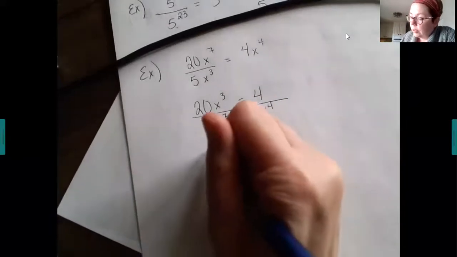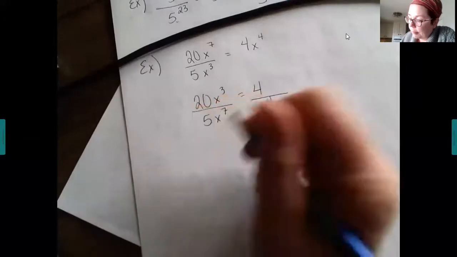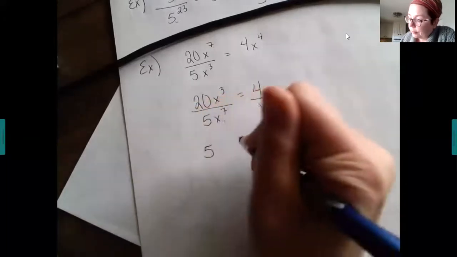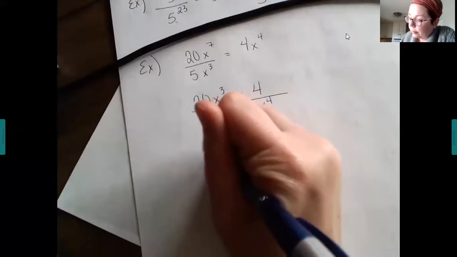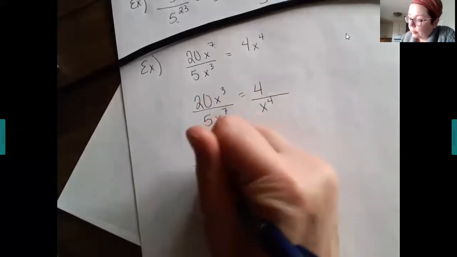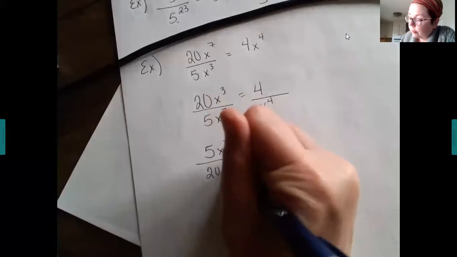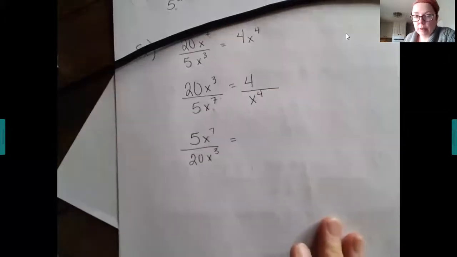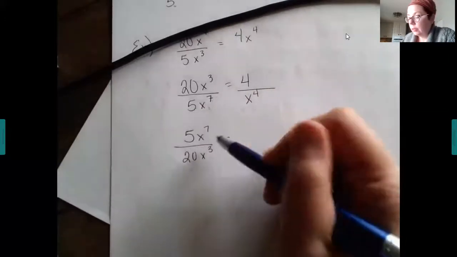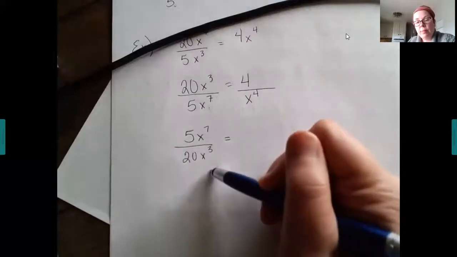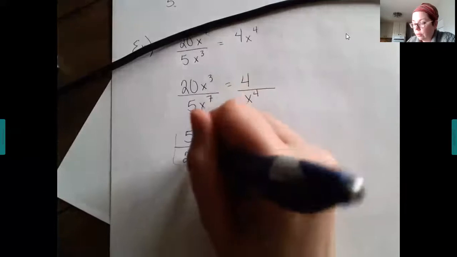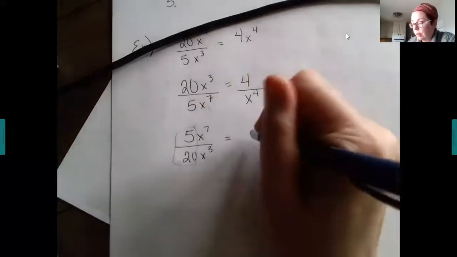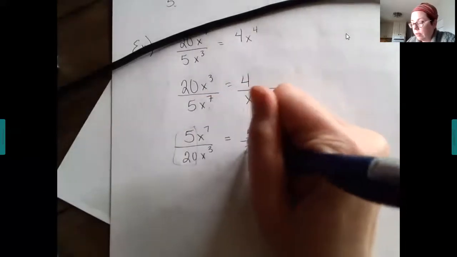And then let's do this one. In this case, we have more x's on top than we do on bottom. But here, when we look at our big numbers, right? 5 over 20.